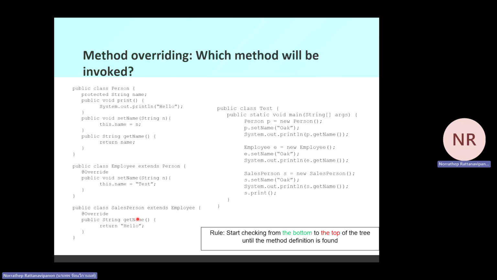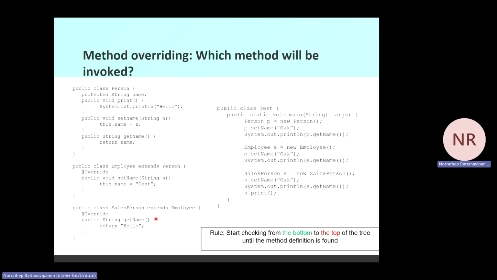The rule is that for an overridden method, you start from the class that has the object, which is the salesperson class here, and you see that it doesn't have setName.